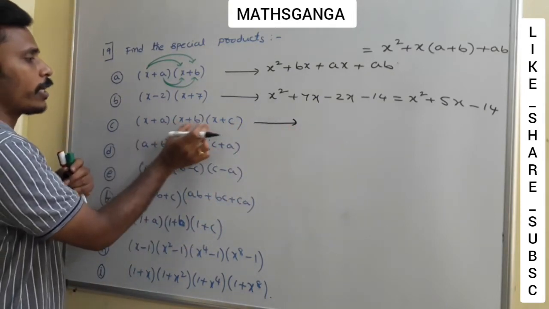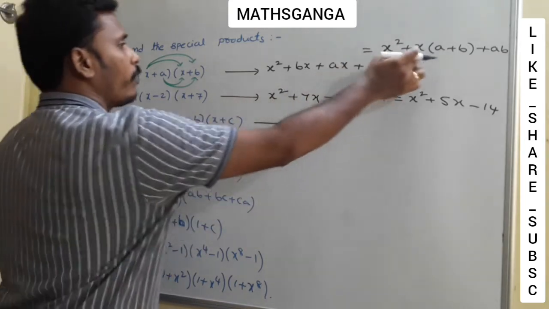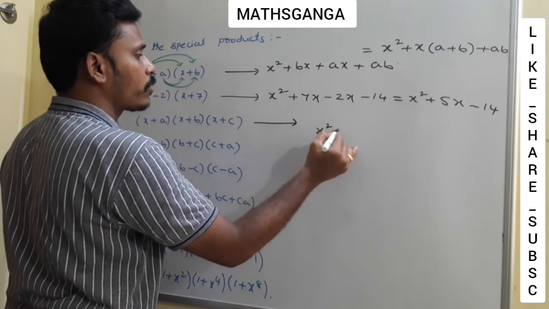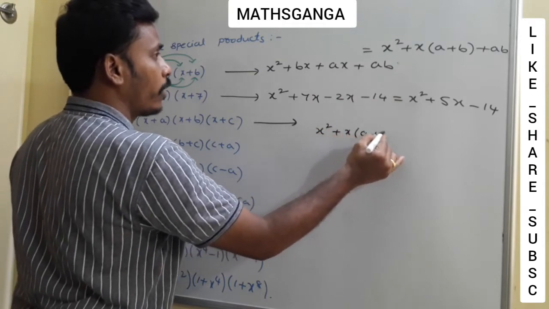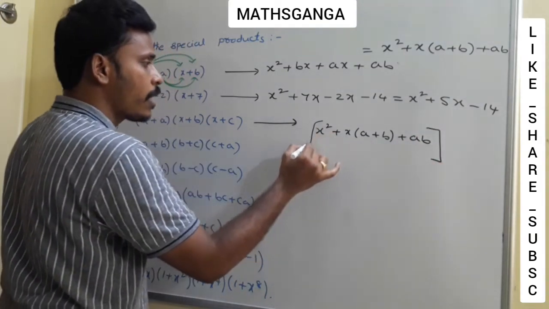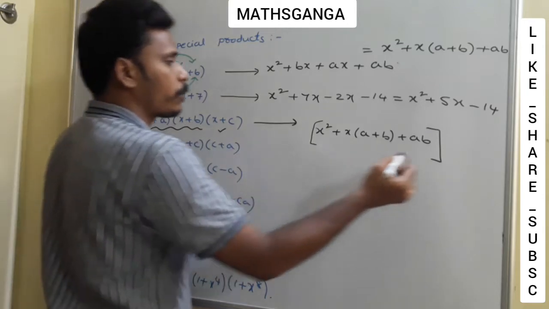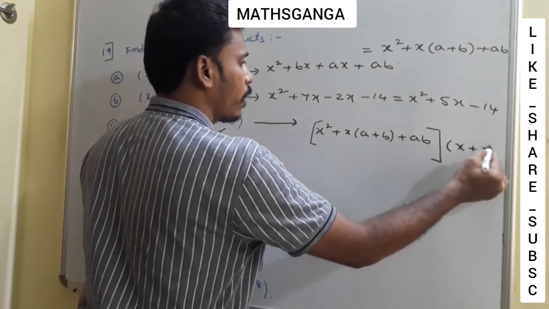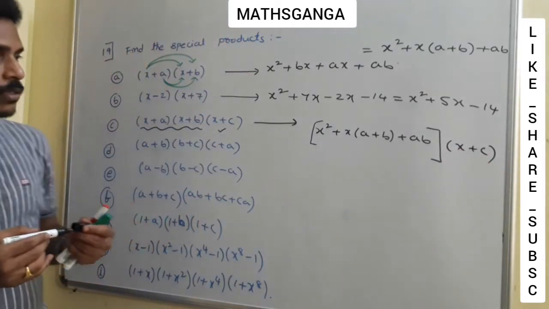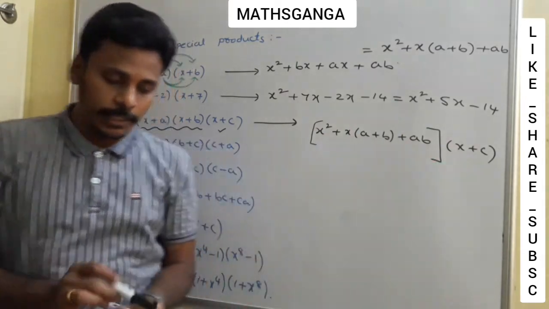x plus a into x plus b into x plus c. x plus a into x plus b we already found, and that is x square plus x times of a plus b plus ab. This I need to multiply with x plus c. Look at this x square, x and constant term, I need to multiply with x plus c.